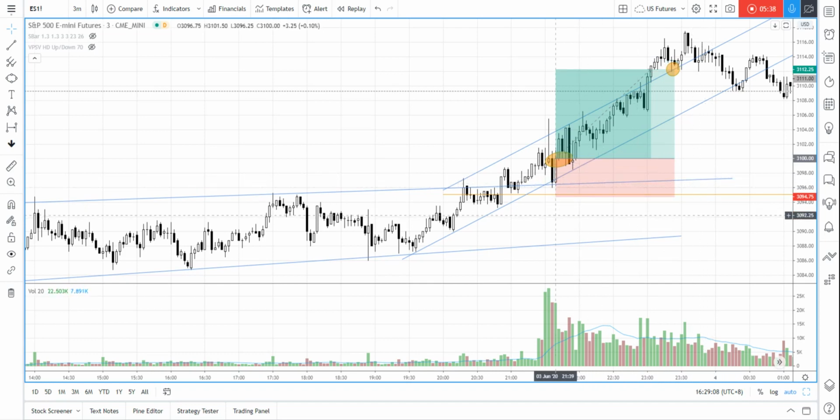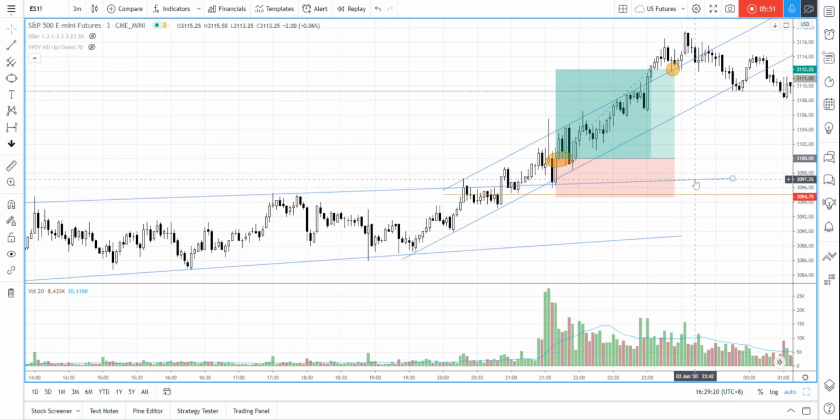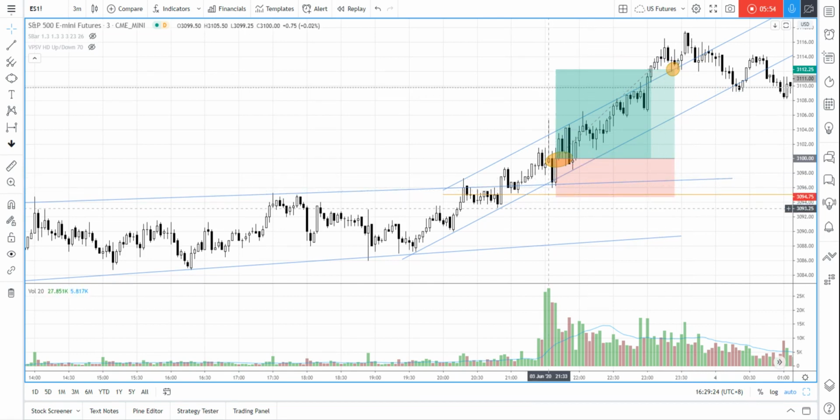And if you look at the up channel, which I drew already, it falls to this demand line. So this demand line and the horizontal line both provided support, subsequently confirmed by this reversal bar.